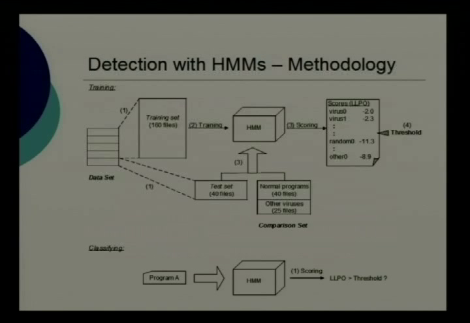From all this, we would expect to see that after training, the model assigns high probabilities to the 40 test files compared to the normal programs or viruses not in the same family. From that, we should be able to determine a threshold. Later, when we are given any program, program A, we can score it with the hidden Markov model, compare the score to the predetermined threshold, and classify whether the new program belongs to the same family.